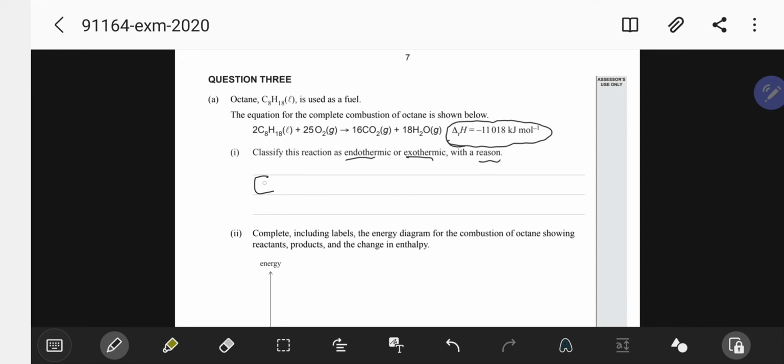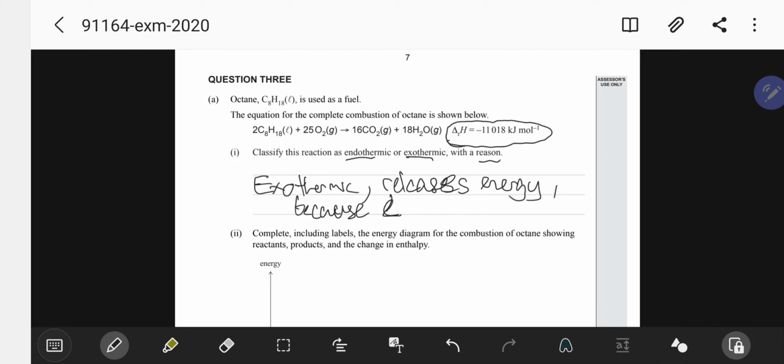So it's exothermic because our enthalpy change is negative.